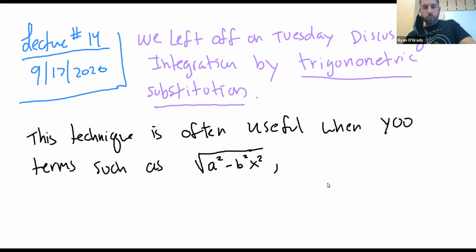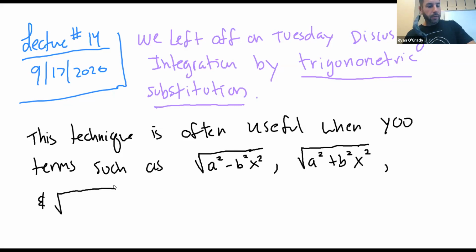What else will this be useful for? It could also be useful for something like this. A squared plus b squared x squared. And another common time you might want to try this technique is when you have the following.